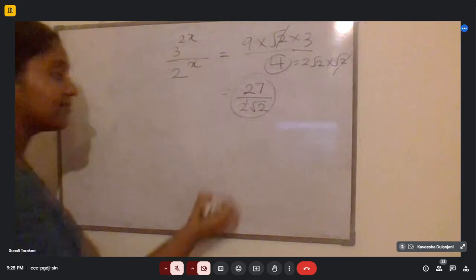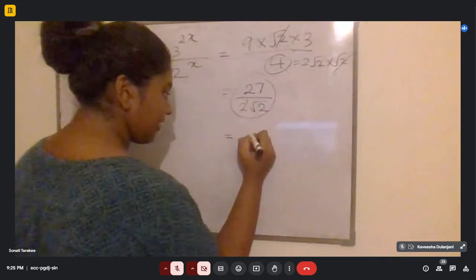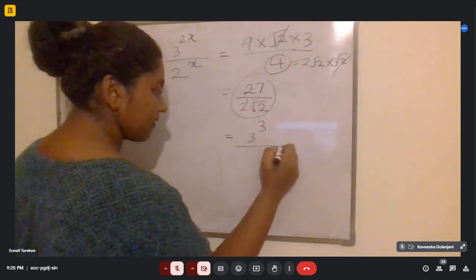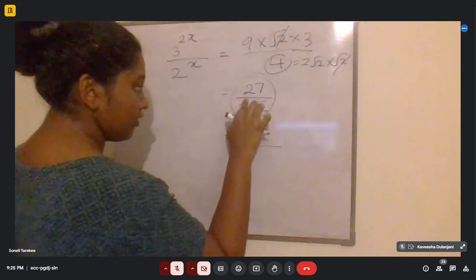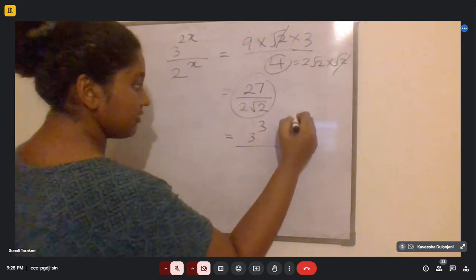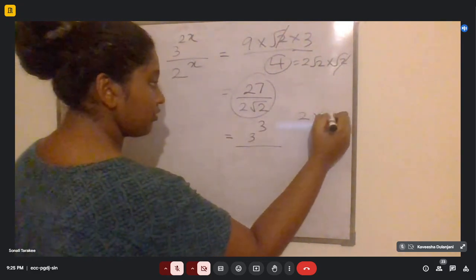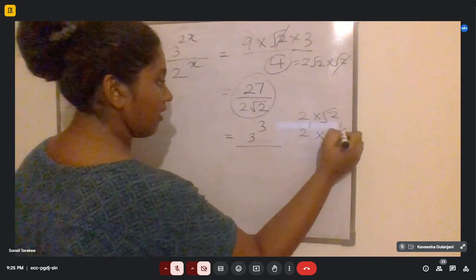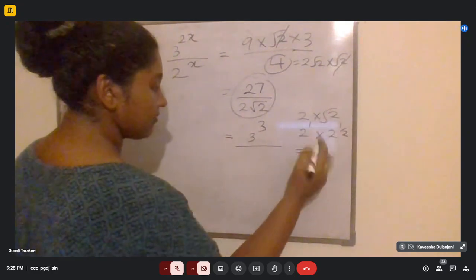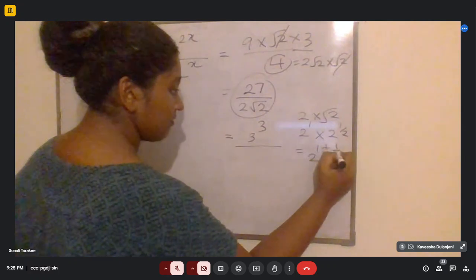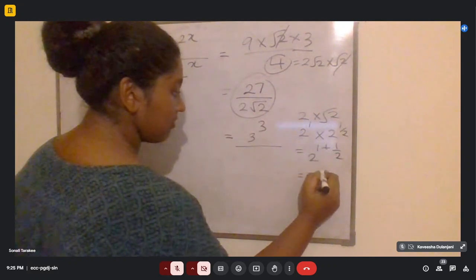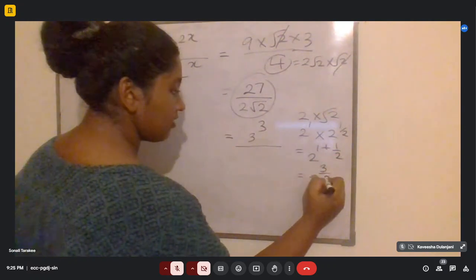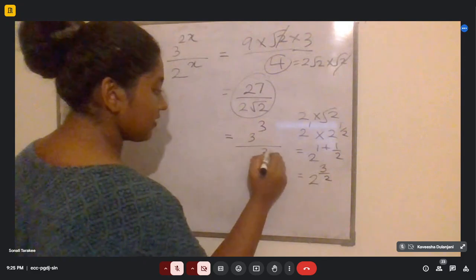I'll write it again. 27 you can write 3 to the power 3. Here 2 root 2 means 2 into root 2. So 2 to the power 1 into 2 to the power half. Multiplication becomes addition. You get 2 to the power 1 plus half, then you get 2 to the power 3 over 2.